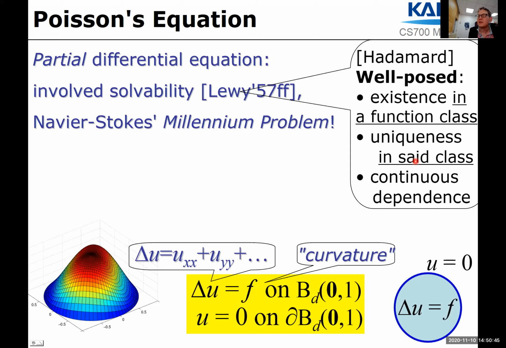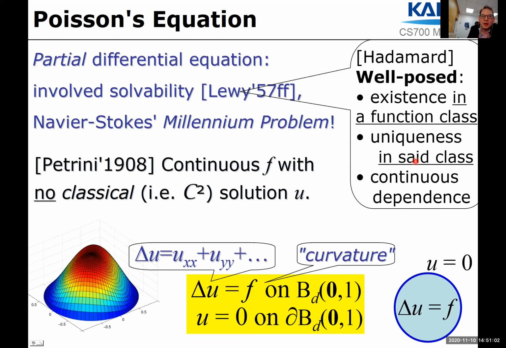So, kind of turning the problem around, if we don't have a well-posed problem, then find the proper function class which makes the problem well-posed, and this is called maximal regularity. And for Poisson's equation, to which we now return, for example, classical solution is not the proper function class.